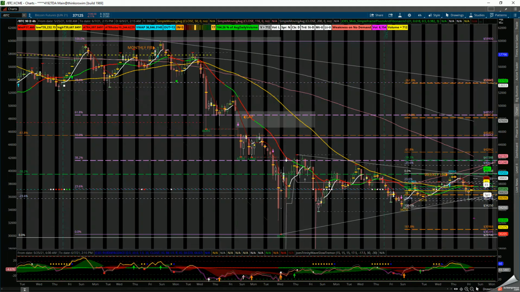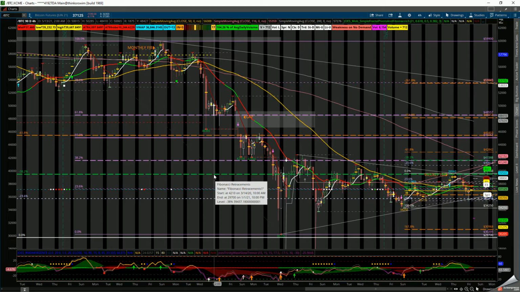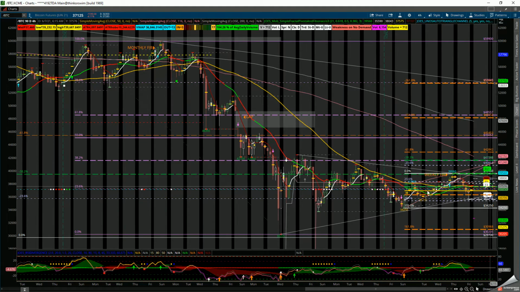We can see since that area, the 61.8 on the annual chart extension from the annual high, we have not been able to get to it, and we have not been able to clear the 38.2 fib extension on the annual chart. We are ranging in the 23% fib extension from the annual chart, which is the 123.